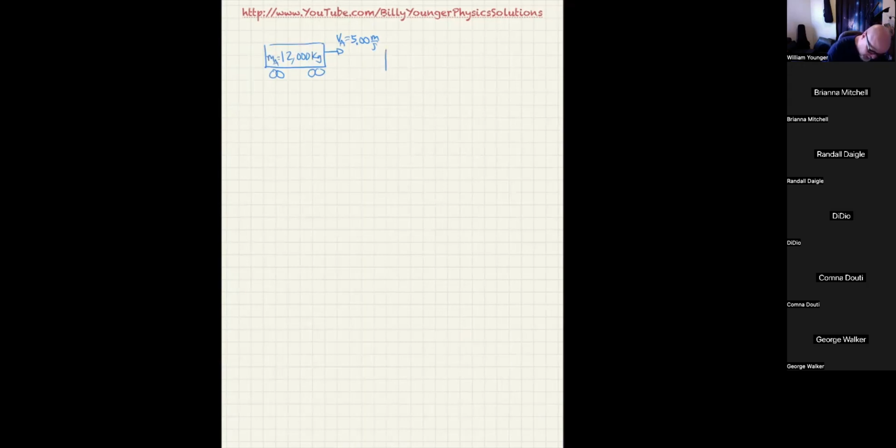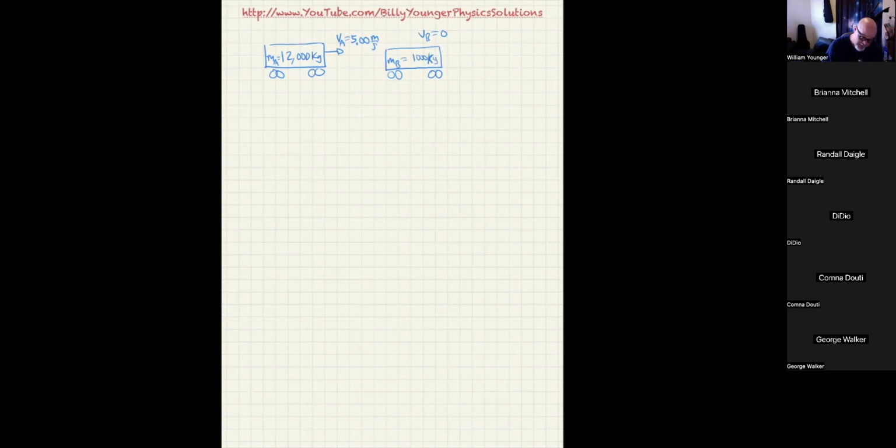And then sitting still over here is an empty train car that's not moving, and MB is in fact 1,000 kilograms.